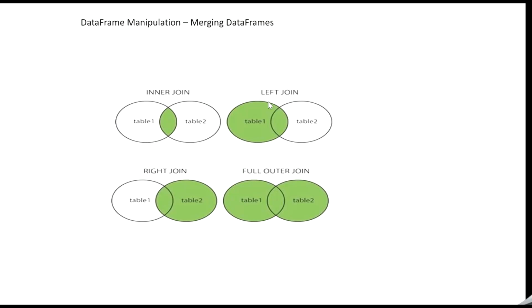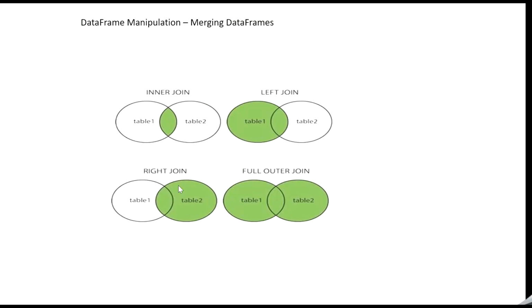In the left join, we get all the records in the left data frame. And if it is matching in the right data frame, it will pick up those records. But if it is not matching in the right data frame, but it is present in the left data frame, then the right data frame will be populated with NaN values.